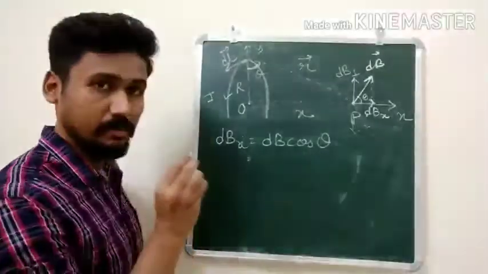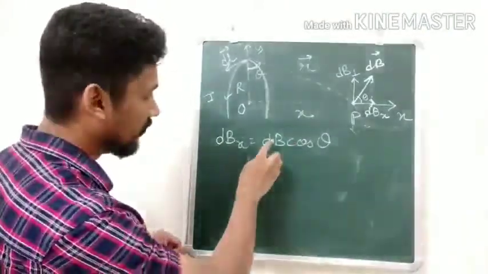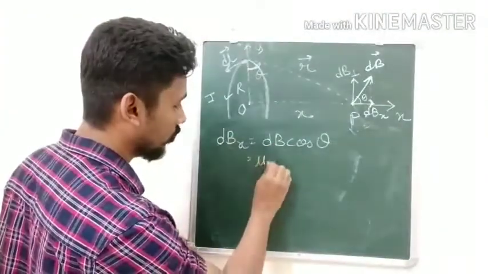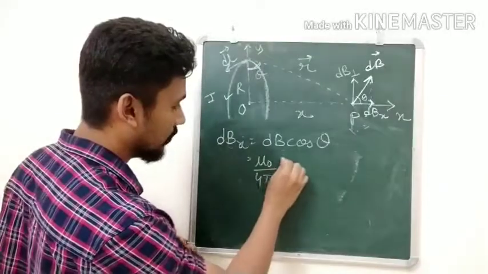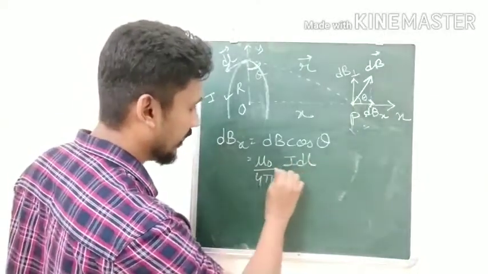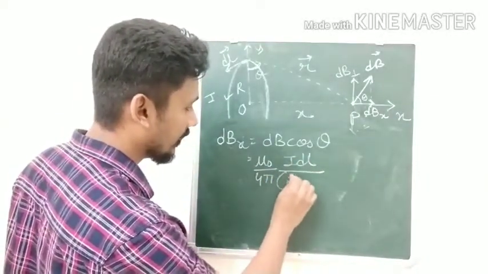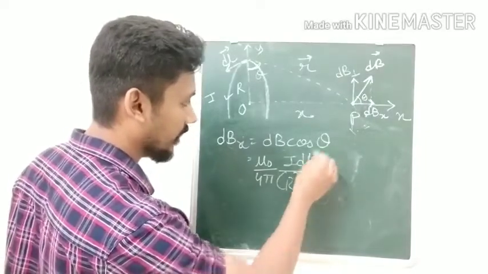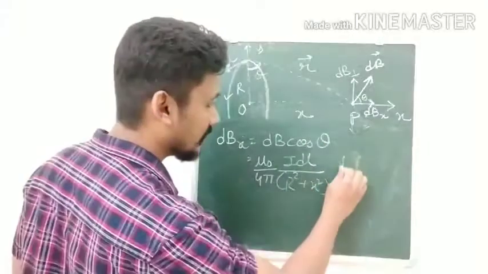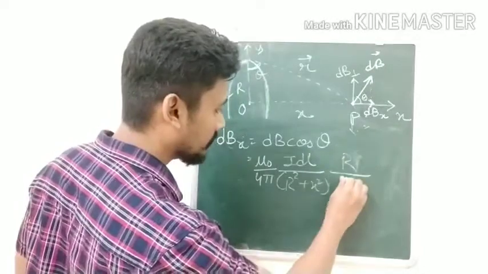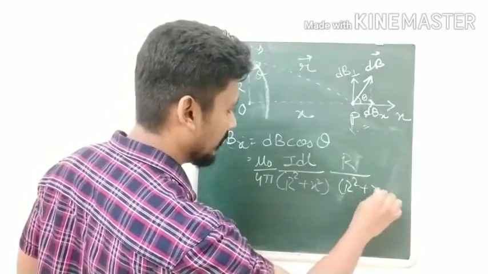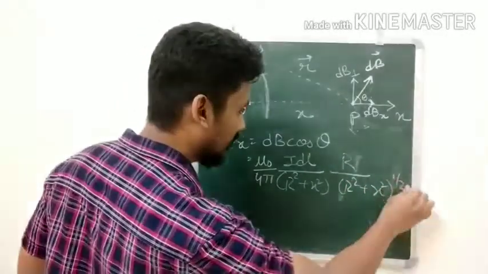Now using equations 4 and 5 here, we can write dB equal to μ0 by 4π times I dl upon capital R square plus x square, and cos θ we found out is nothing but r upon (r square plus x square) to the power 1 by 2.